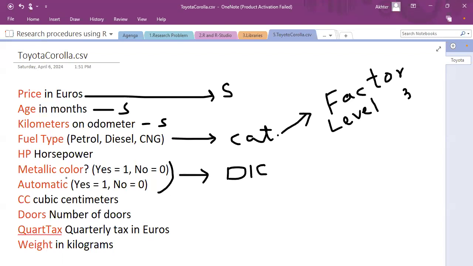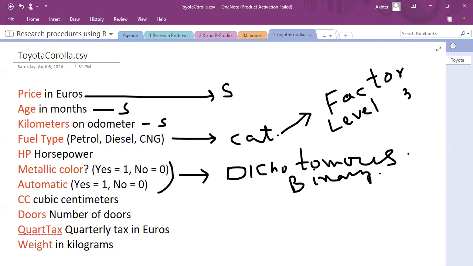Similarly for automatic car: yes, or no, it is a manual car, zero. So these two variables are called dichotomous. Another name for dichotomous variables is binary variables.